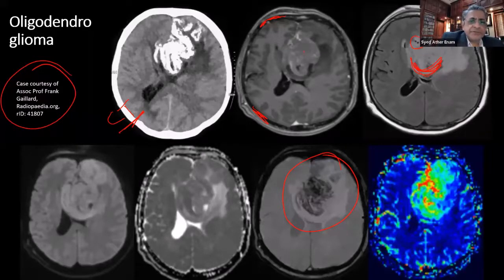So then we get into the diffusion weighted images. This is the ADC over here. So what does a diffusion weighted image do? MRI depends mainly on the water molecules, the protons in it, as I told you in the first lecture.